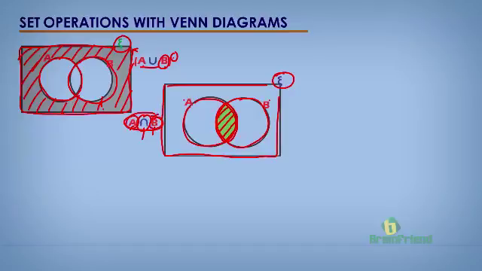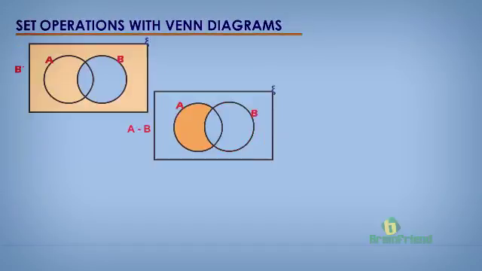Let's take a look at another example. We also have another Venn diagram here that depicts the operation we have here, which is B complement, or the complement of the set B. We said the complement of a set is all of the elements within the universal set that are not in the given set.